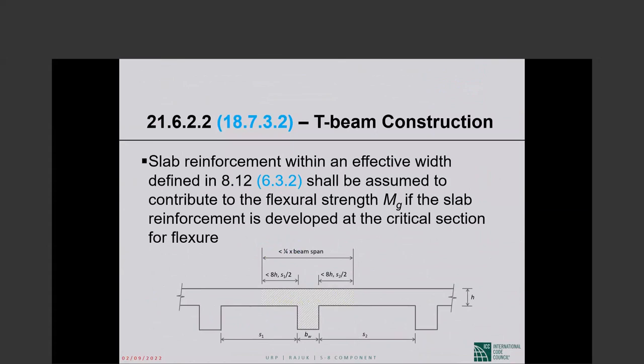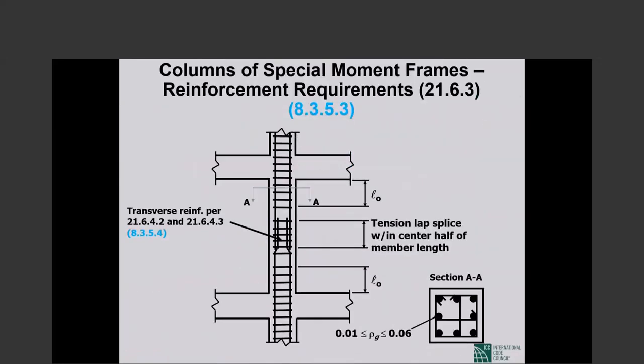So do include the contribution of the slab top reinforcement within the effective flange width to the moment strength of the beam.